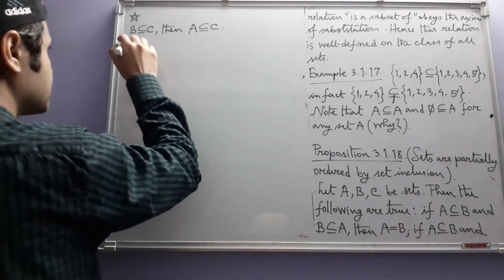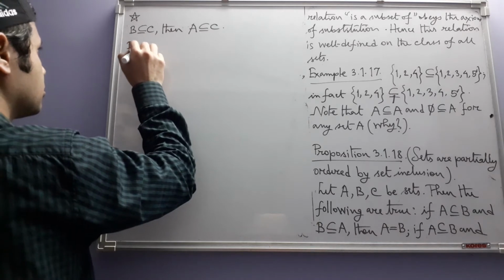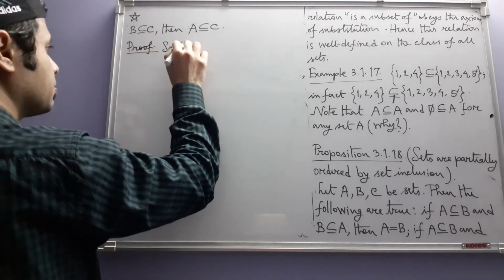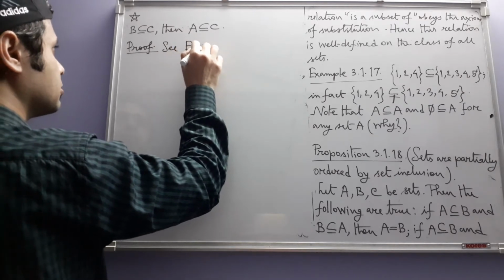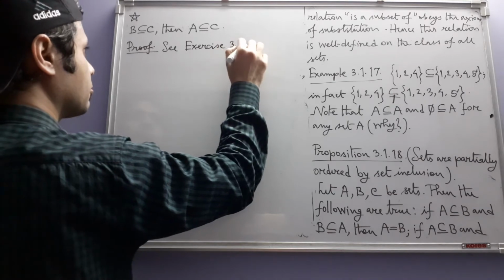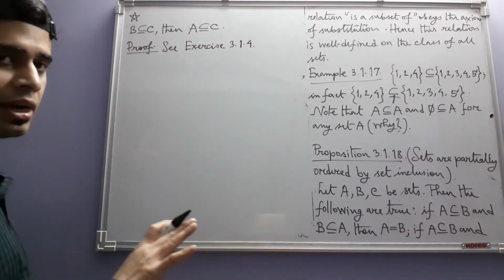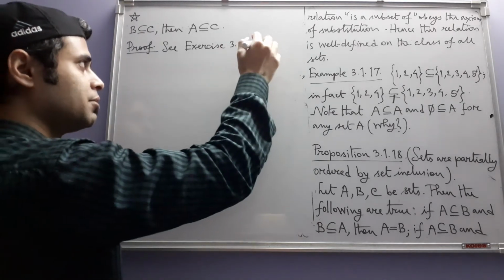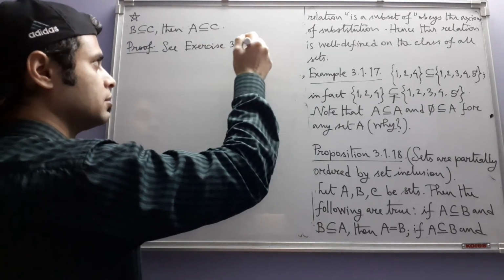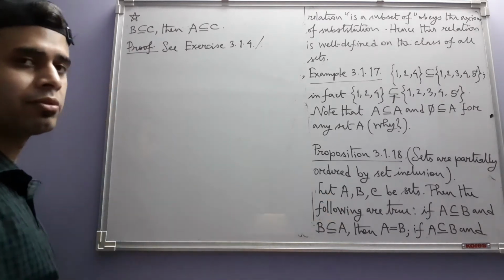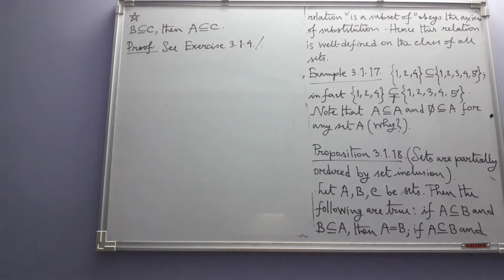This appears as the fourth exercise. This one, however, we have to prove, although the proof is extremely easy, but we will solve this as exercise 314 when we solve the exercise problems. Okay, we'll leave it now.